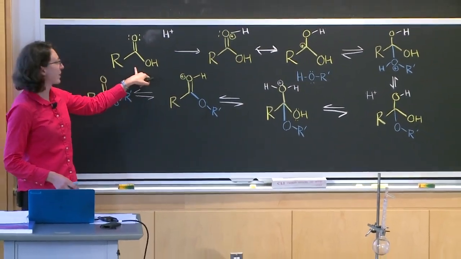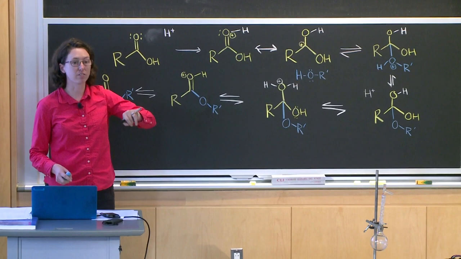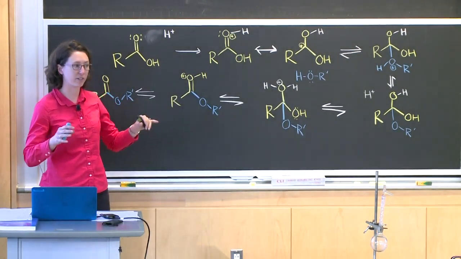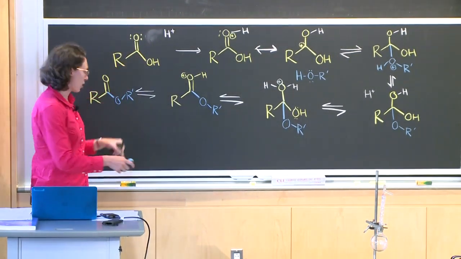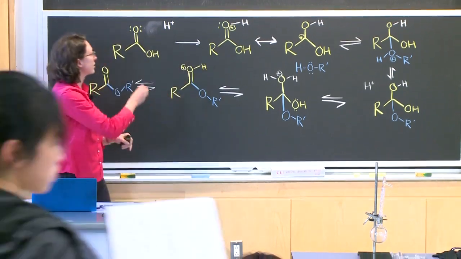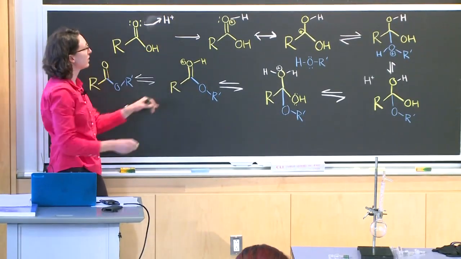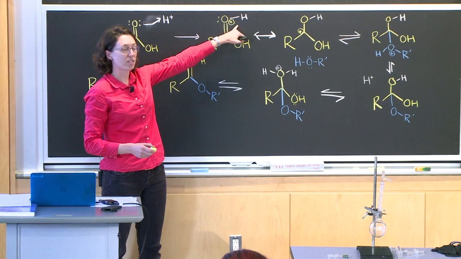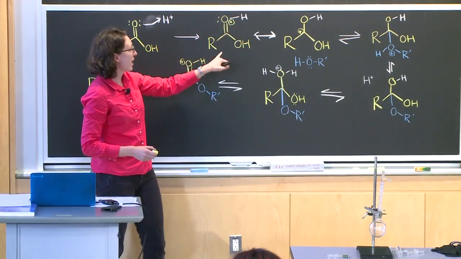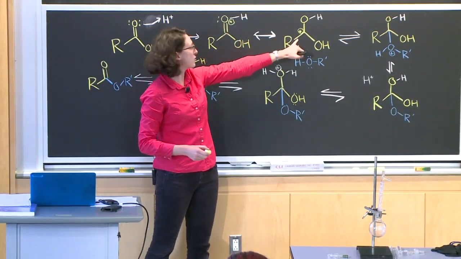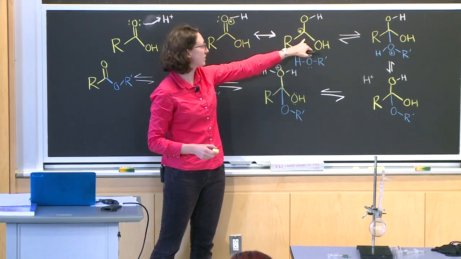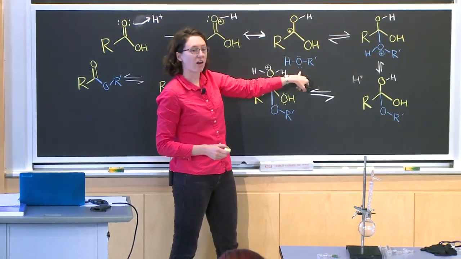So you start off with your carboxylic acid. We're going to add a strong acid, in our case sulfuric acid, which is very corrosive. Be careful when you're handling it in the lab. That is our proton source. So the first thing that we're going to do is activate this carbonyl. We get our carbonyl. It now has a proton and a positive charge on it. And we can draw a resonance structure where that positive charge gets put down on this carbon here. And when we do that, we have our alcohol.